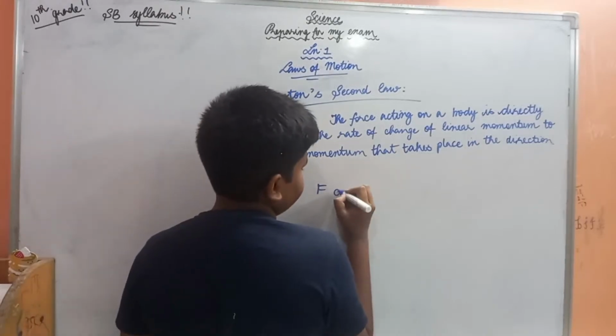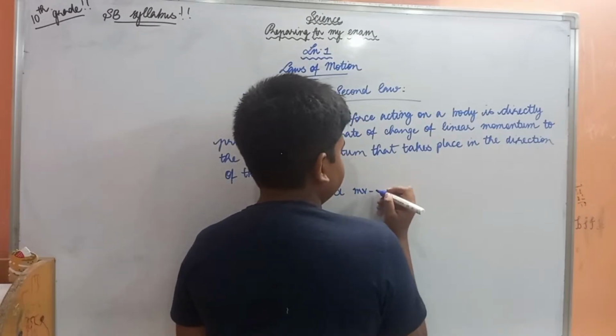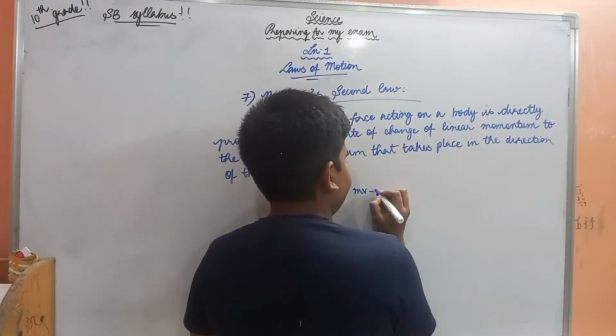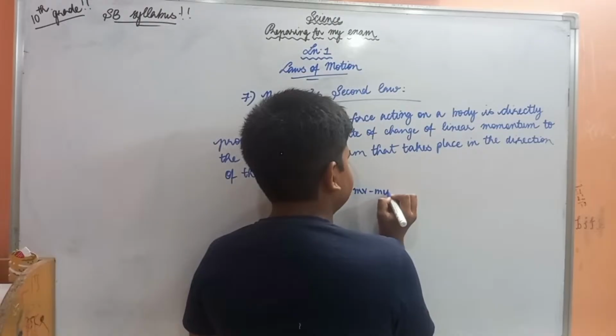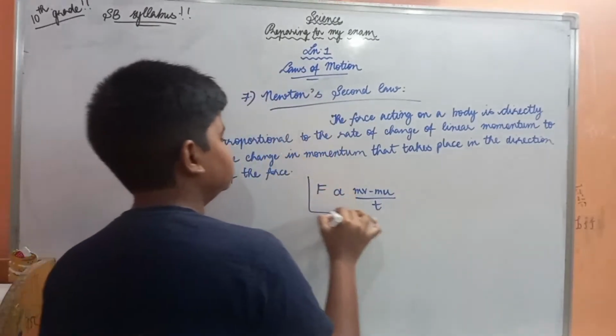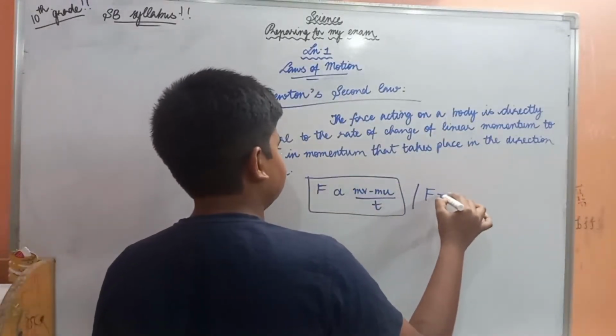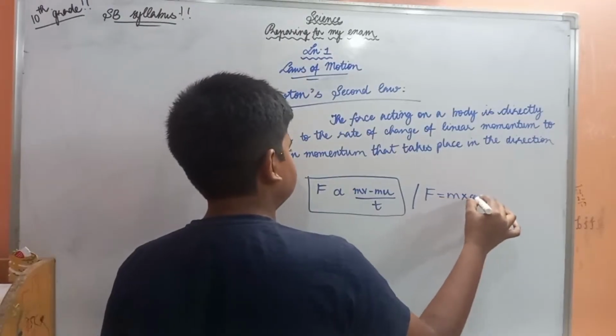So F is directly proportional to the final momentum minus the initial momentum by time. So this is the formula. It is also defined as F is equal to m into a.